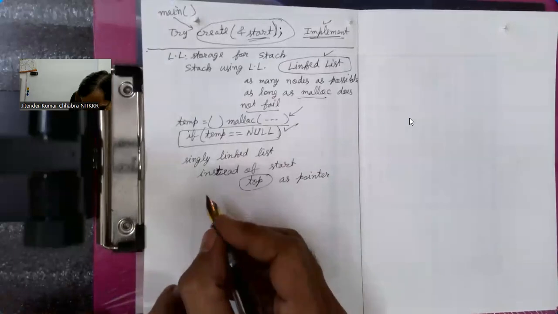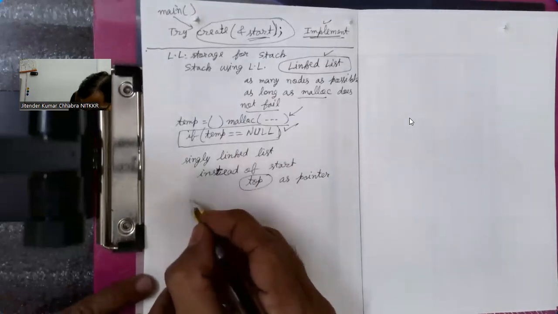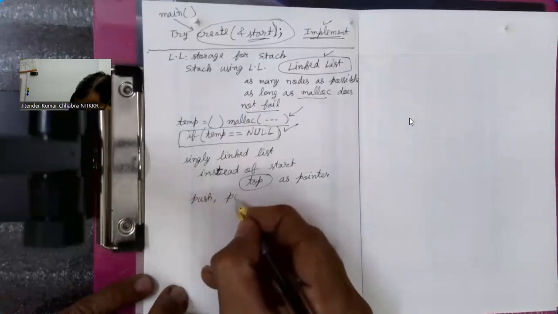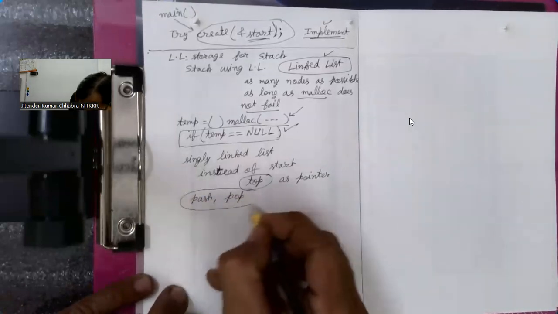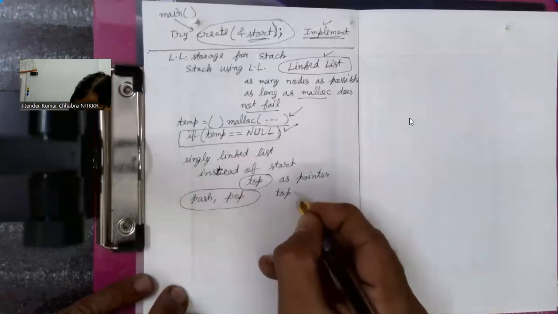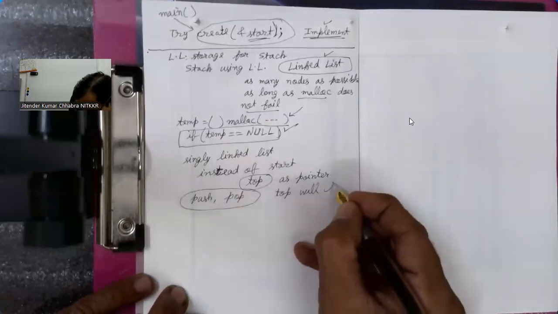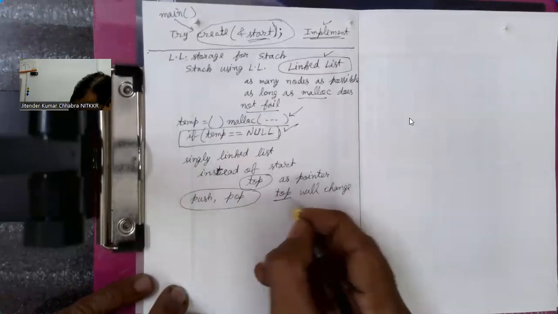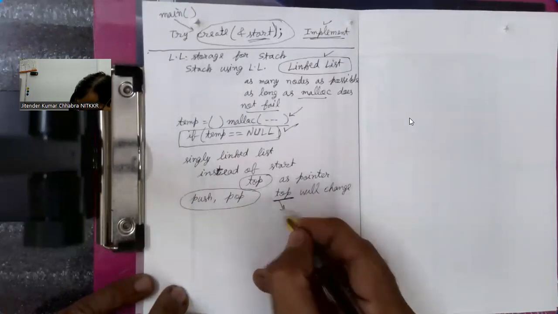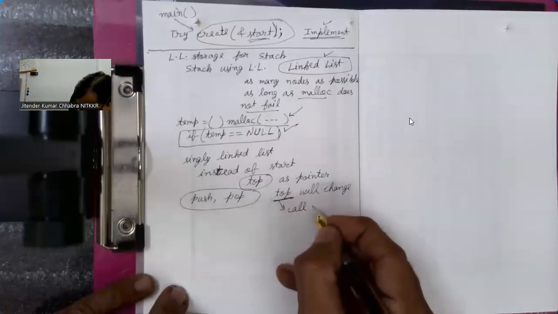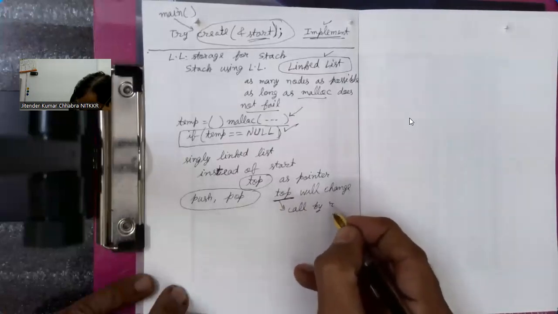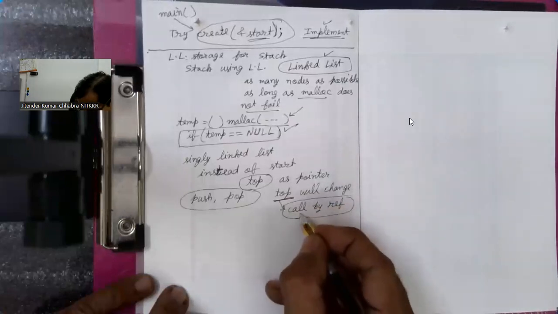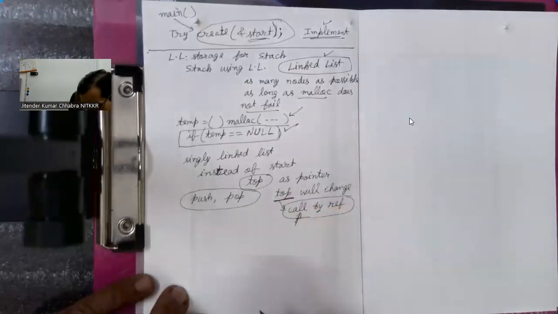I want you to now think of doing the stack implementation using push and pop. But as you remember, in push and pop, top will change. So top will change means top should be either returned or you can send it as call by reference. The syntax which we have just learned, we can use now for this situation.